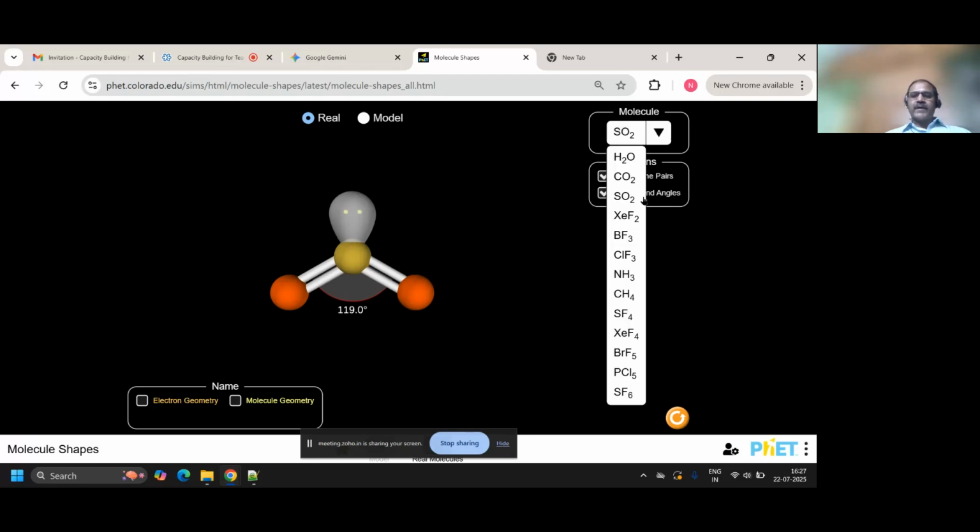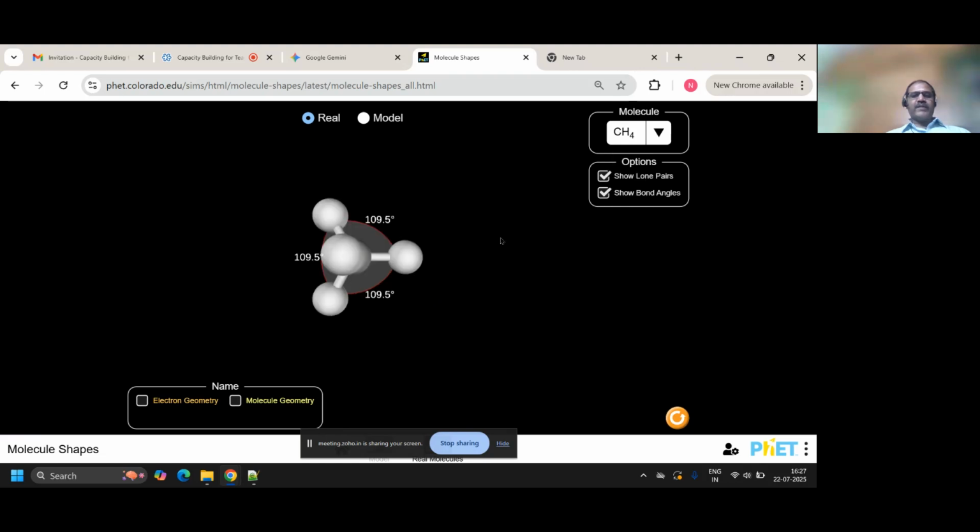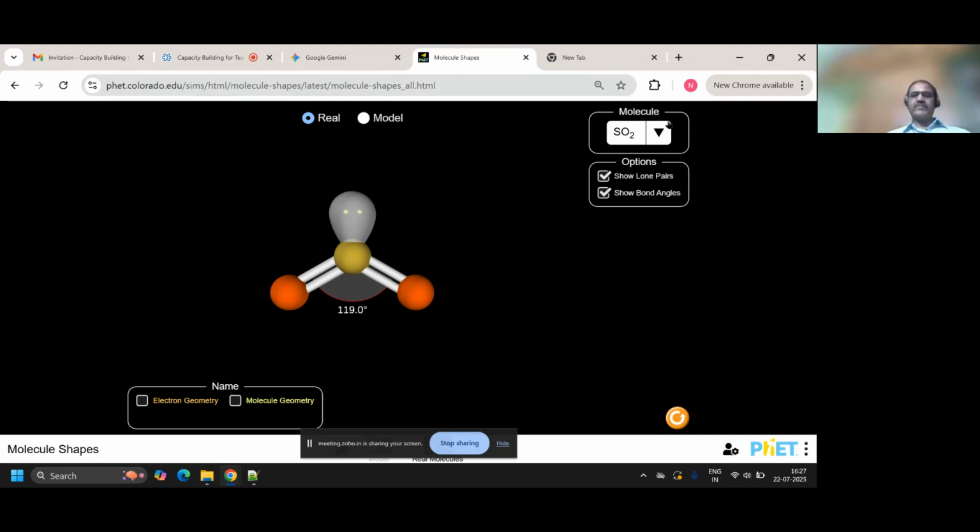Now let me take methane, CH4, carbon on 4 sides, the hydrogen atoms are attached. Let us take sulfur dioxide. Let us take water, H2O, right? So you could see different ways and angles at which the atoms are attached to the main atom.